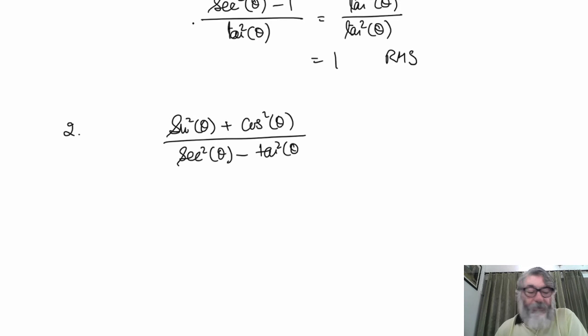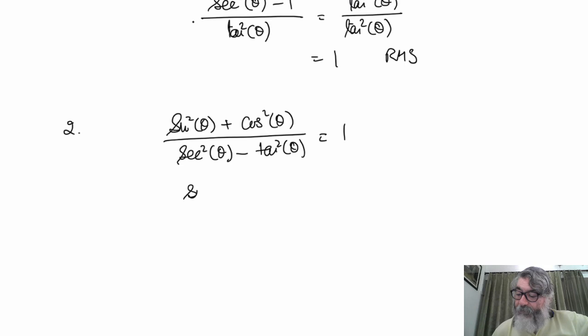Actually, these are just very basic things. So again, sin square theta plus cos square theta is always 1, for all values of theta.